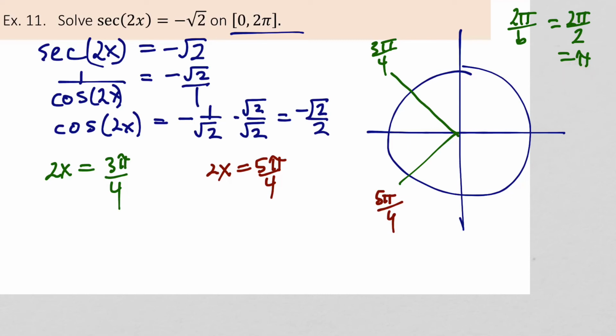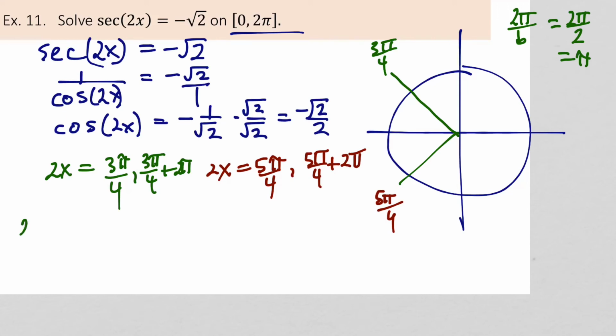So I need to find the other 2 angles here, so that'll be 3 pi over 4 plus 2 pi, so that'll be a coterminal angle, and here I'll have 5 pi over 4 plus 2 pi, so it'll be my other coterminal angle for that one. So that's going to be my 4 angles.